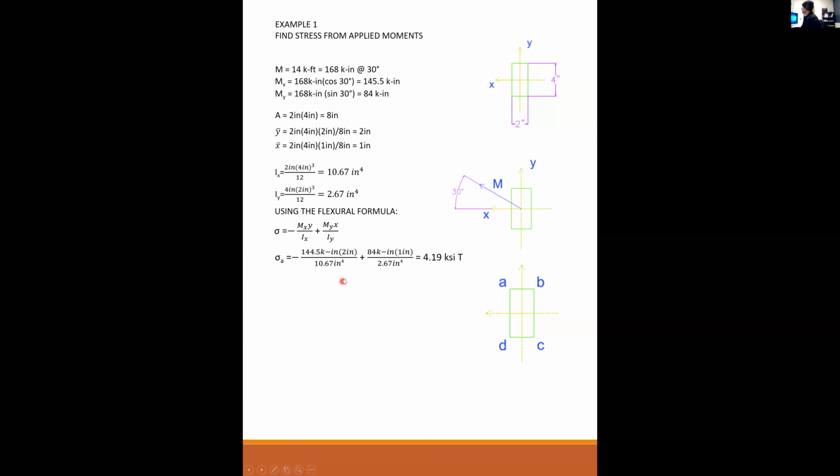In this case, the Mx component would have made it compression, but the My component overrode that and made it tension. Okay, so this term overruled this term, and you're left with a net tension at the top of your beam. Is everybody tracking with this? Do I have any questions?